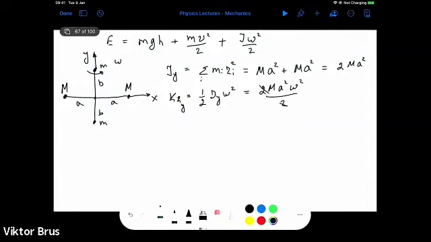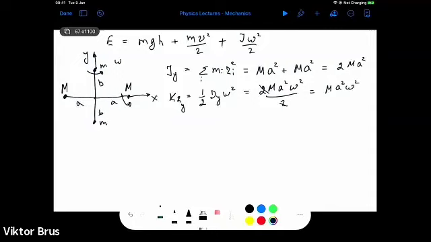We cancel out this 2 and eventually get capital M a squared omega squared. If we consider rotation about axis X, in this case capital M masses will not contribute.